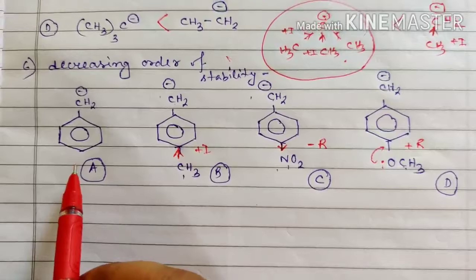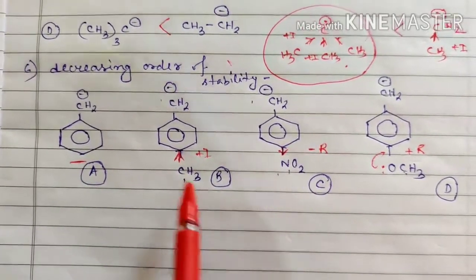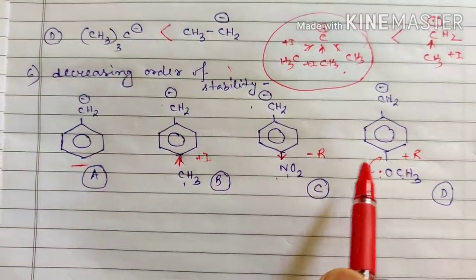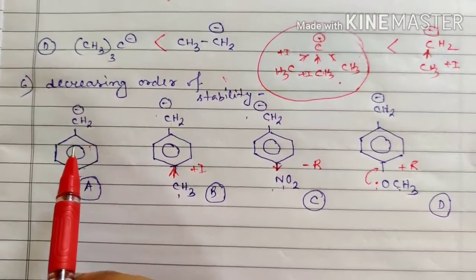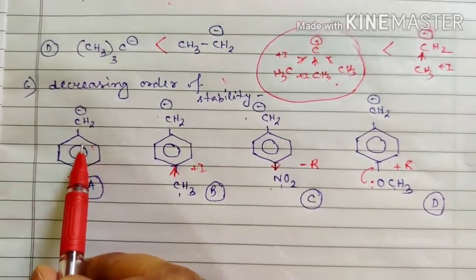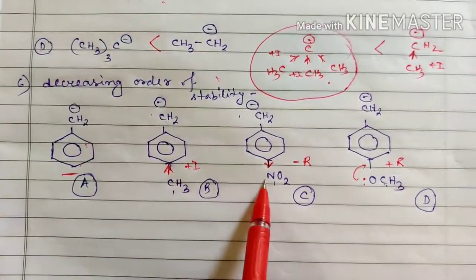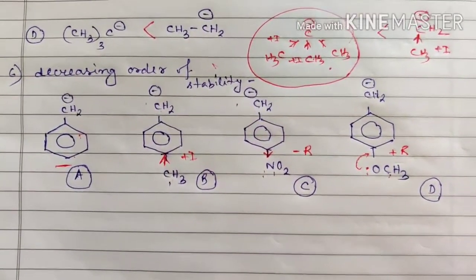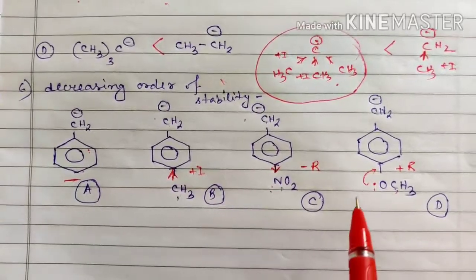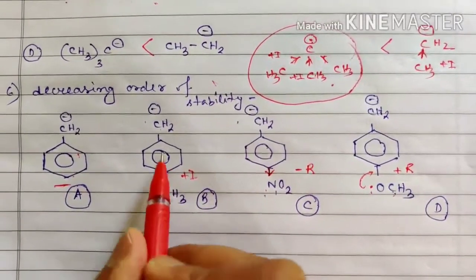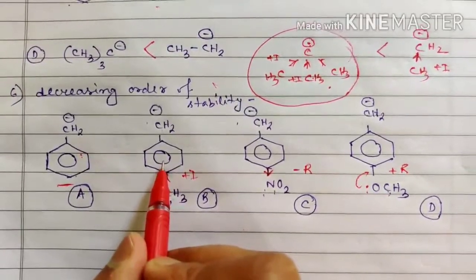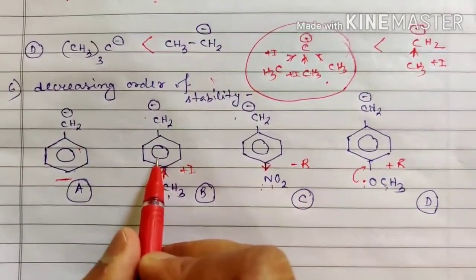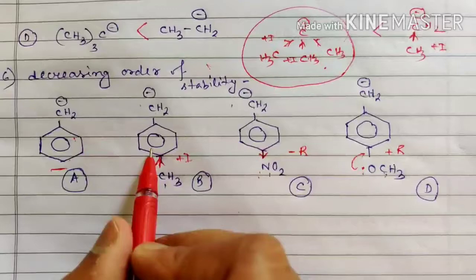If we see this one here, compared to others, there is no such effect. Obviously the ring has its own capability, but other than that, there are no extra groups present. We all know that in the ring, if the electron goes in, the stability will be decreased.